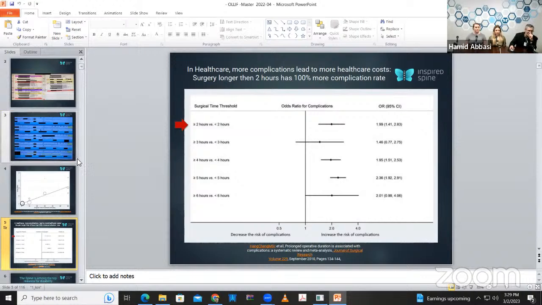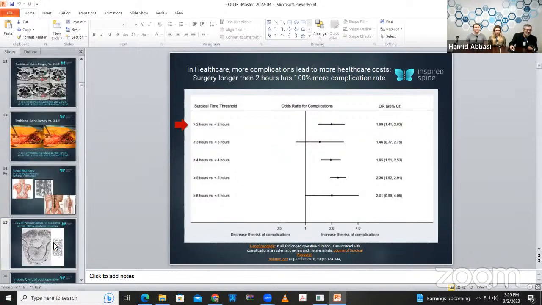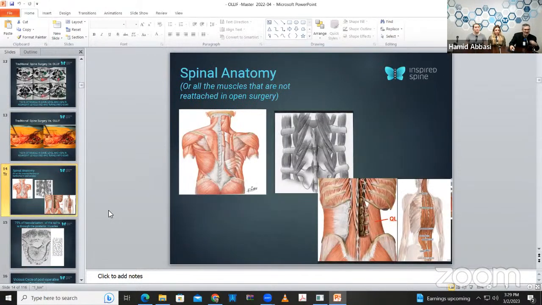You can imagine that 2, 3, 4, 5 level fusions can be whole-day procedures, and by nature are going to be more complex. But what do we do in that time? We talked a little about that. These are all the muscles in the spine that you are familiar with. In a regular traditional open fusion, TLIF, and I'll come back to that.